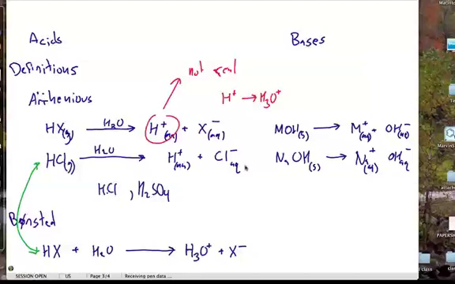A Bronsted acid donates an H plus. So this would be our Bronsted acid acting as an acid to donate the proton to the H2O. Now, a Bronsted base then is anything that accepts a proton.